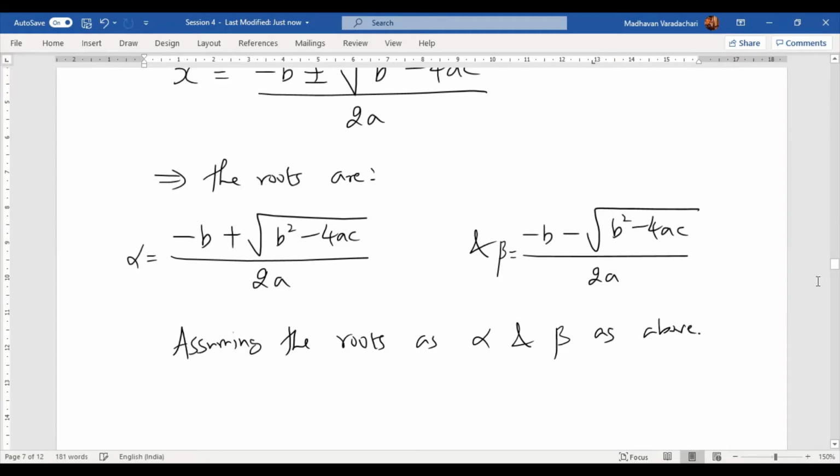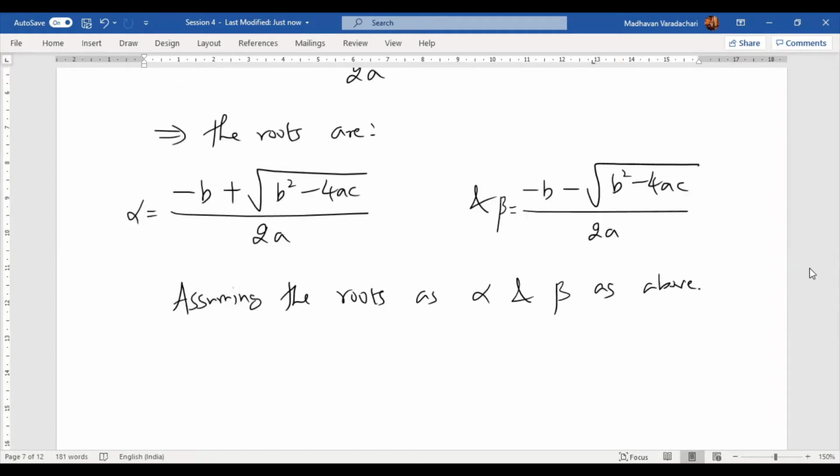Now, if I want to calculate alpha plus beta, what is the meaning? I need to add this and this, alpha and beta. If you look, there is a common denominator, 2a, 2a. So that will be their common denominator.